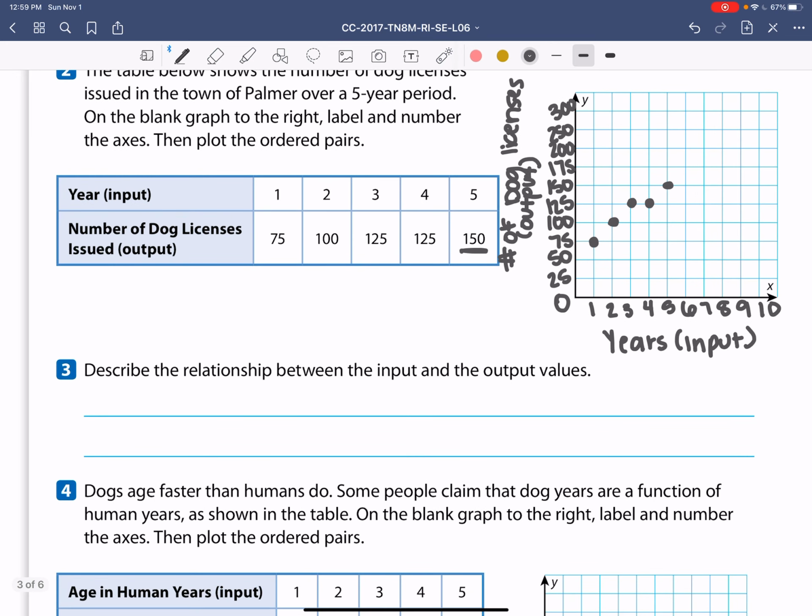All right, number 3, describe the relationship between the input and output values.